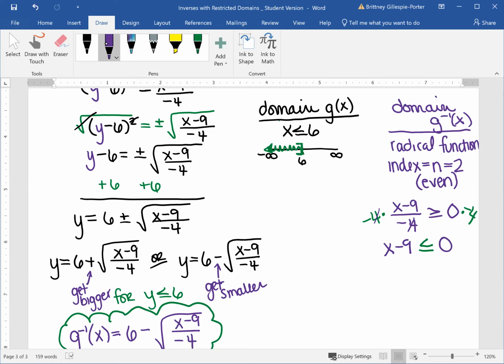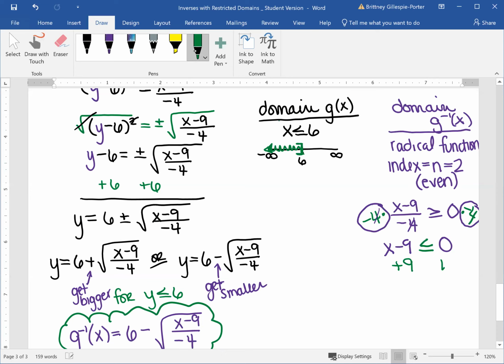Whenever you multiply or divide by a negative, you flip your sign. So you make it less than or equal to if it's greater than or equal to, and if it was less than or equal to, it would become greater than or equal to. Again, that's only when you multiply or divide by a negative number.